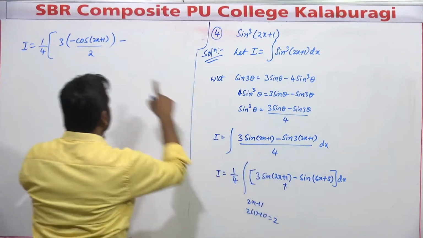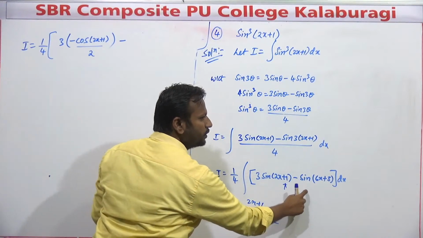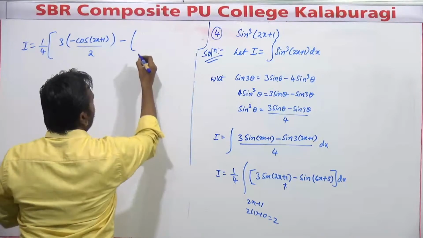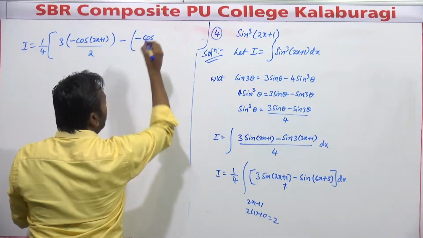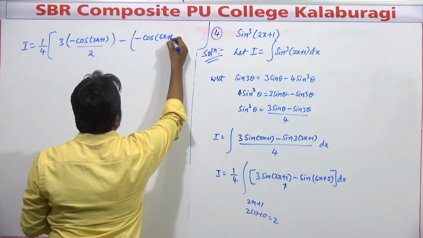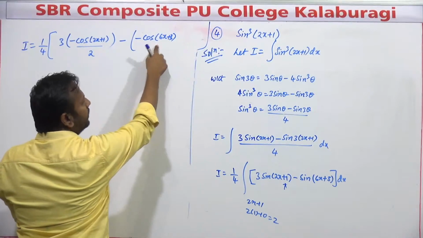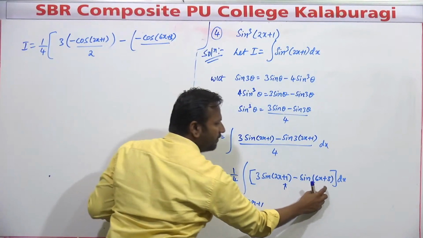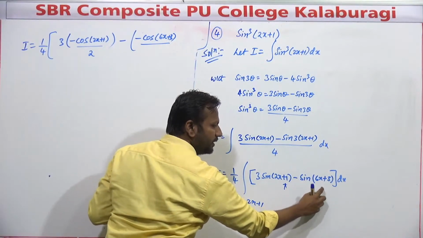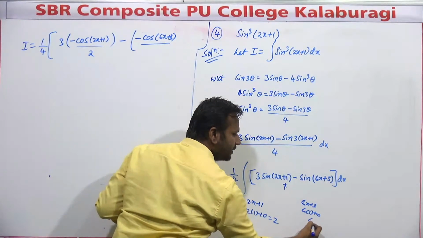Again, minus is there, keep minus as it is. Again, what is the integration of sin, students? Minus cos. Wherever you get a minus, put it in the bracket. Minus cos of 6x plus 3. Again, we have a linear inner function. Differentiate this: 6x plus 3 differentiation is 6 into 1 plus 0, that is 6.